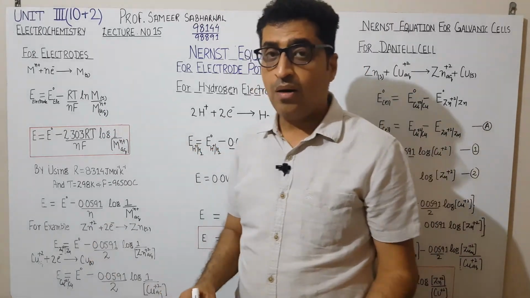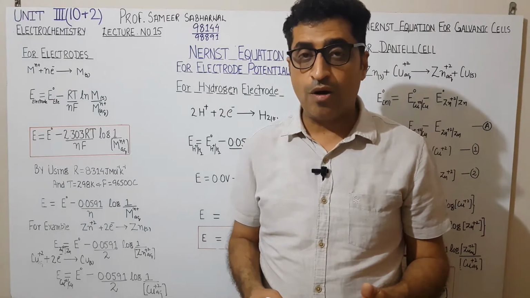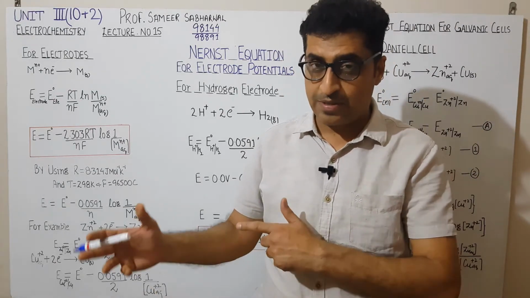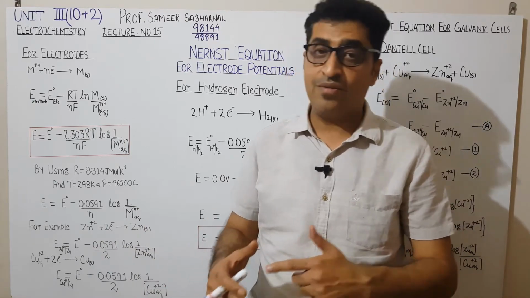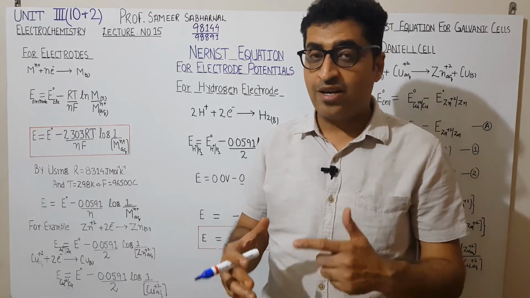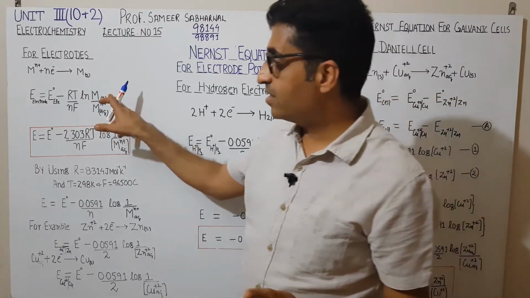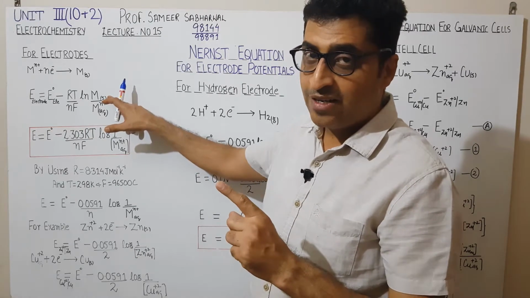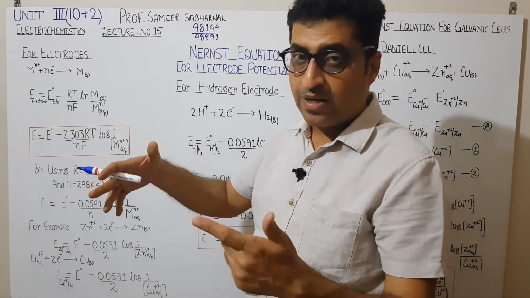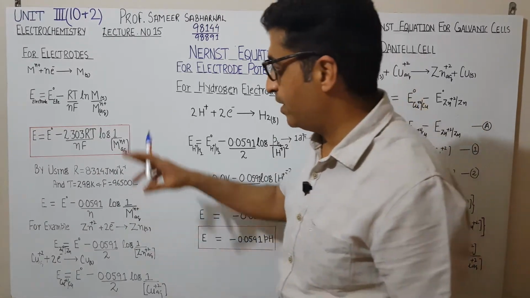Now generally we consider the concentration of a pure solid substance or liquid substance, or a gaseous substance at 1 atmospheric pressure, as unity. So the concentration of M solid or M liquid, whatever, is taken as 1 at 1 atmospheric pressure.